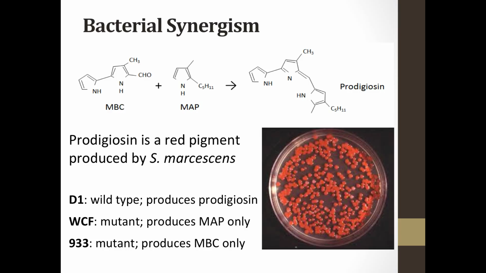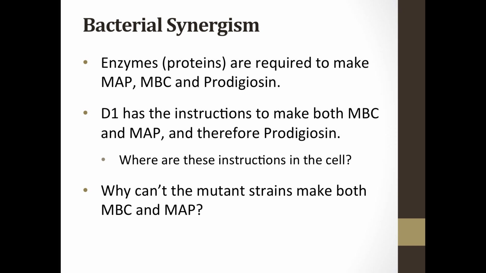There are also 2 mutant strains: the WCF strain, which produces only the MAP and does not produce the MBC, and then the 933, which is the opposite. It's a mutant that only produces the MBC and not the MAP metabolic intermediate.